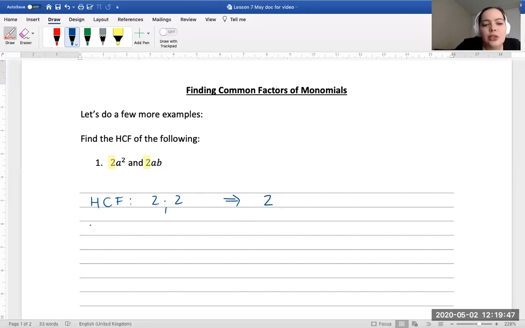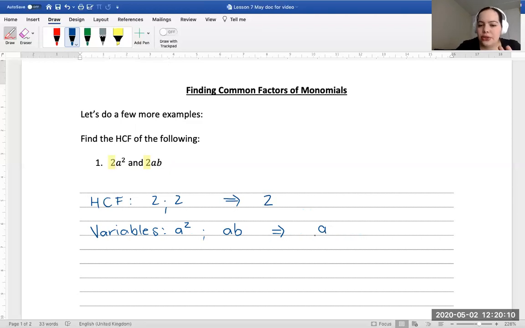All right, now let's talk about the variables. So the variables that we have here are a squared and we have a b. So which letters do we have in common? Well, they both have an a, so that's pretty helpful, but they don't both have a b. So b is not a common variable.